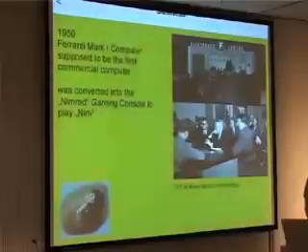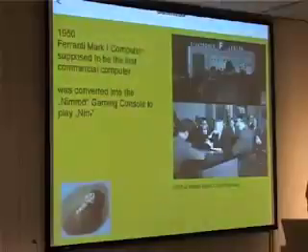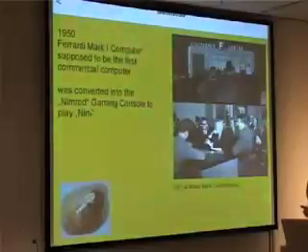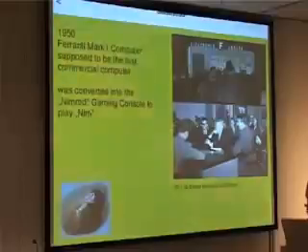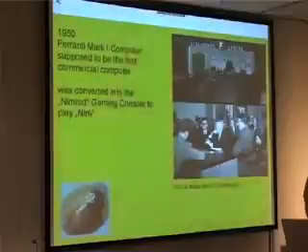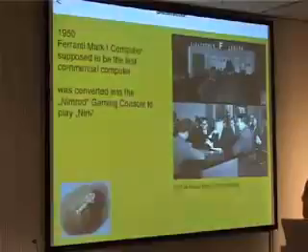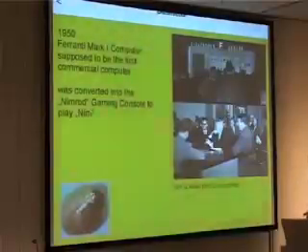It is the example of the first dedicated gaming console that we have here right now. They rebuilt it and made a version out of it. They called it Nimrod, and this version of the Ferranti Mark I could only do one program, a game, and the game was called Nim. And the console was named Nimrod.